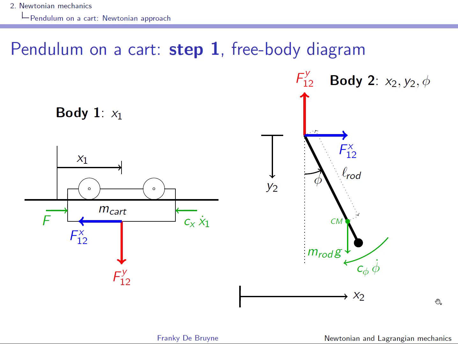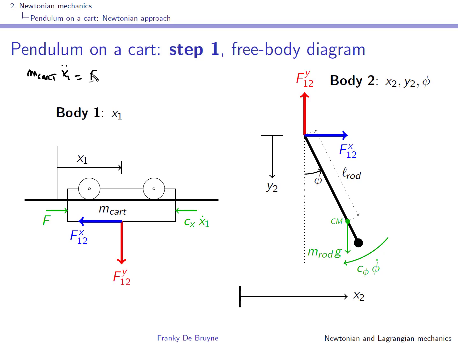Okay, so the next step is for each body to write down Newton's equations, and I'll try to do this on this slide. We start with body 1: mass of the cart times x1 double dot is equal to the sum of the forces.